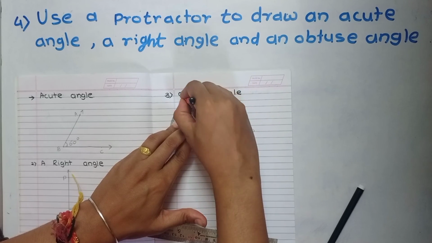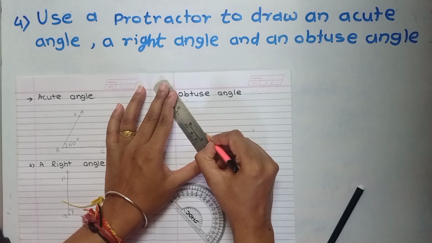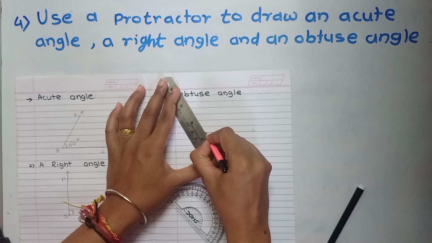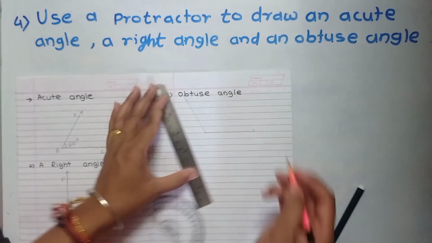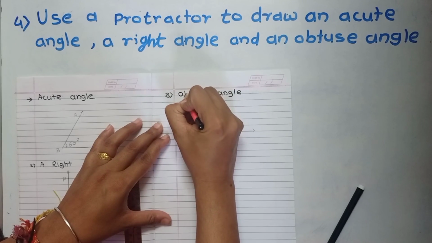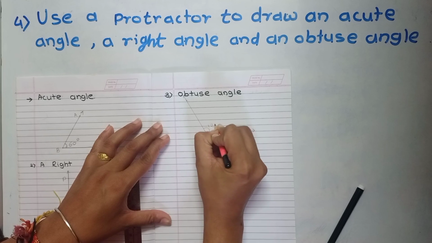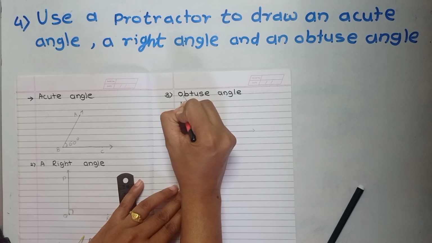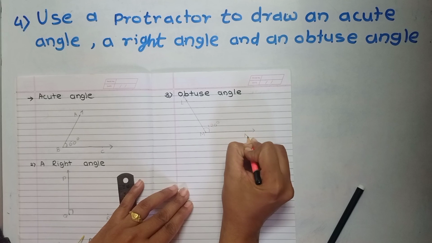Take any angle of your choice and join the origin point and the 120 degree angle. This is 120 degree angle and give the name L, M and N.